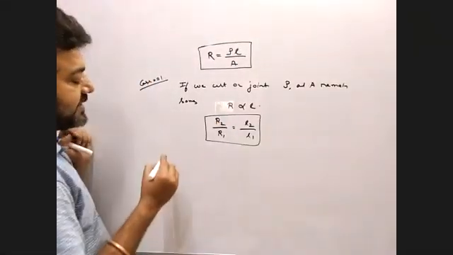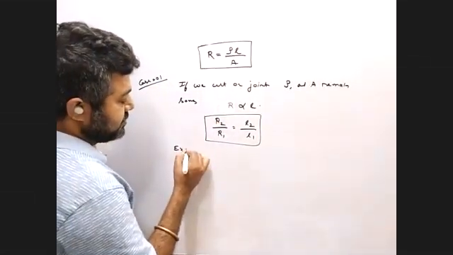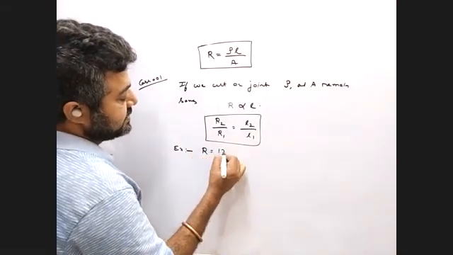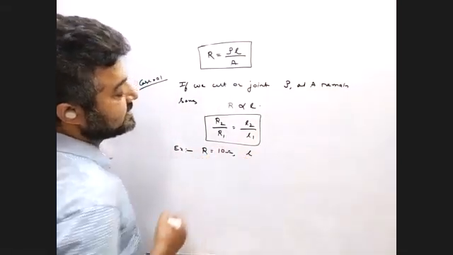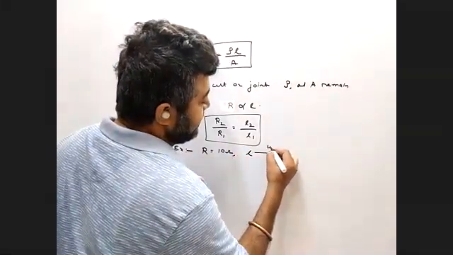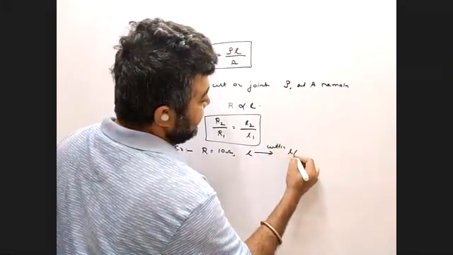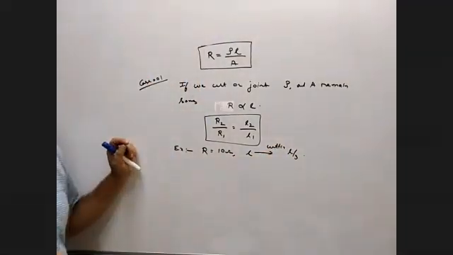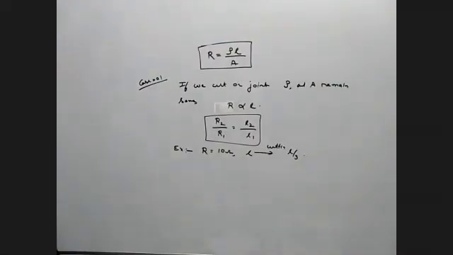Now I will give you one example. Suppose you have a resistance of 10 ohm whose length is L. Now by cutting, L becomes L by 3, meaning you cut it into 3 equal parts. Find the resistance of each part.